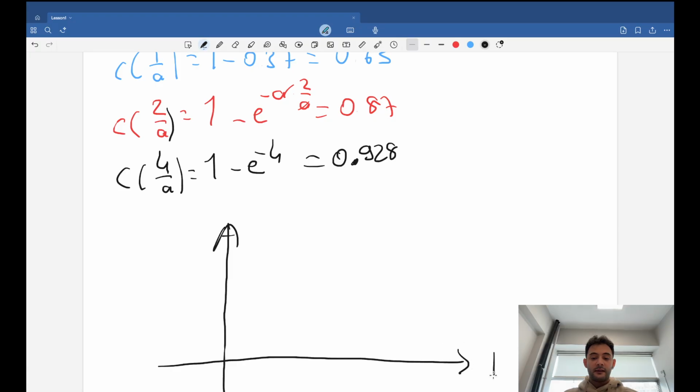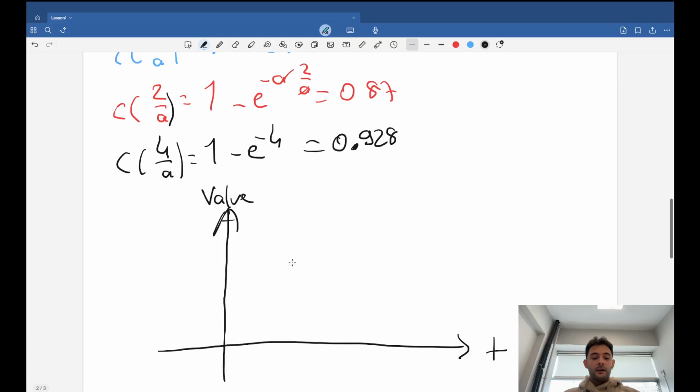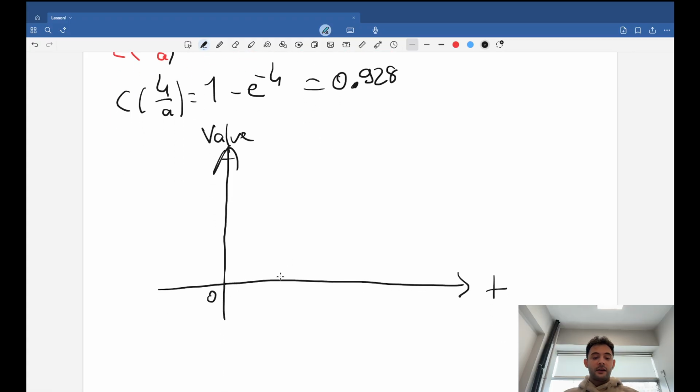So this is time, and this is, let's say, value. It's not important, but here we have 0, 1 over a, 2 over a, 3 over a, and 4 over a.